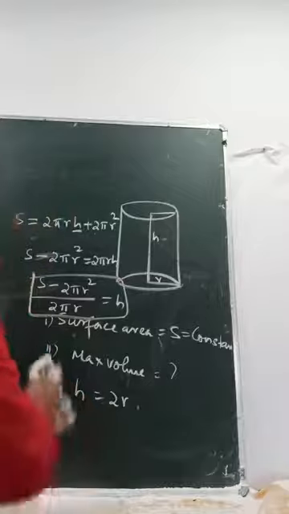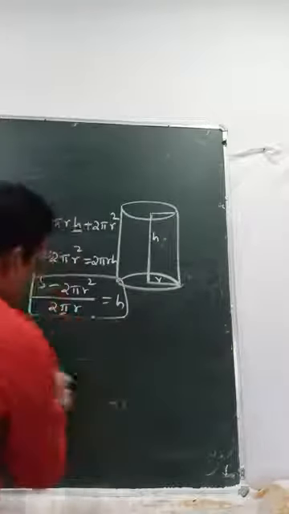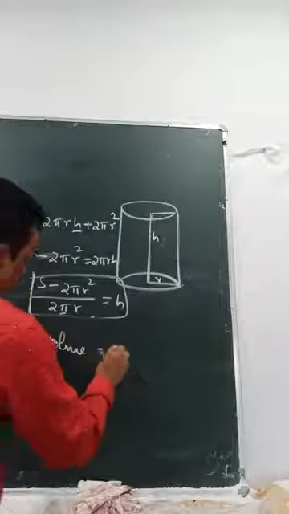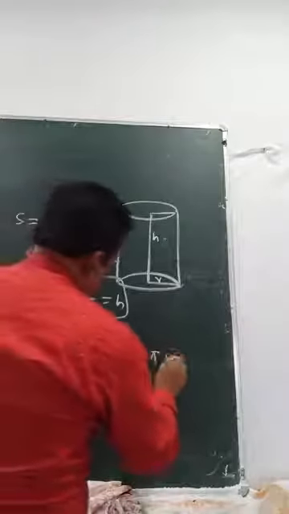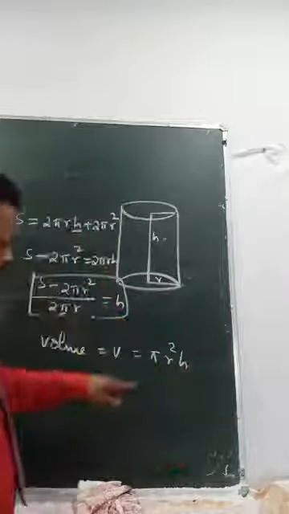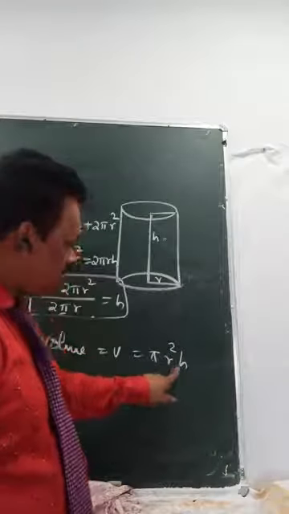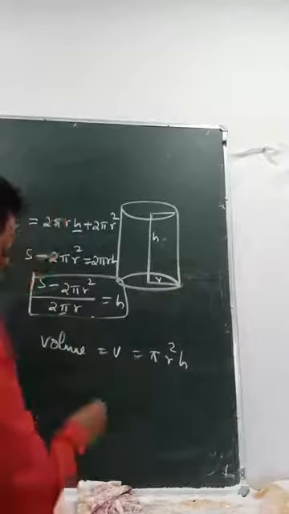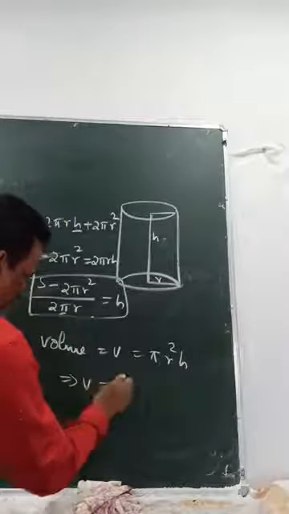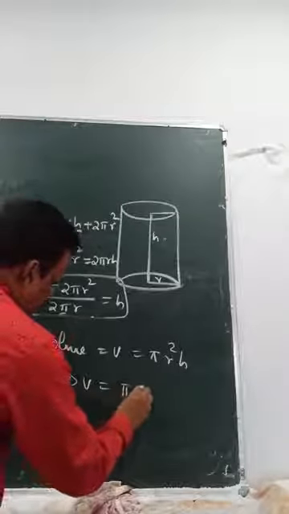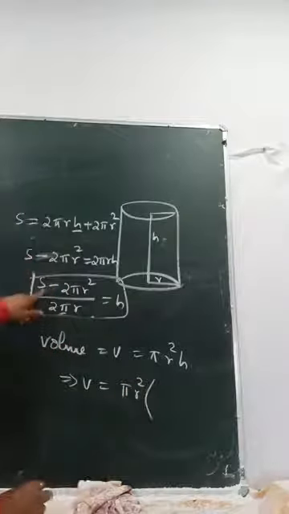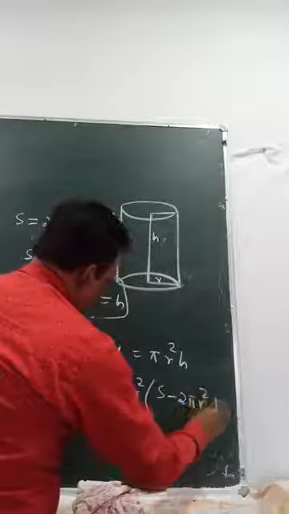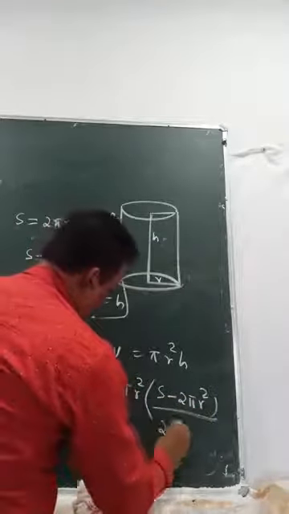Okay, go back to volume. What is the formula for volume? Volume V equals pi r square h. Two variables, you have to make it one variable. Put the value of h here. So V equals pi r square times the value of h, S minus 2 pi r square by 2 pi r.